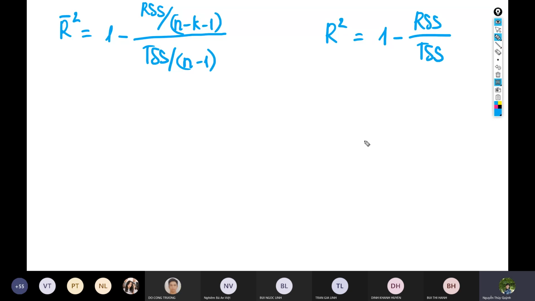Last time we said that R square is a non-decreasing function of the number of independent variables in the model. It will not change only for the case when the estimated coefficient associated with the newly added variable is equal to 0. So what will happen to R square if we add one more independent variable into the model?